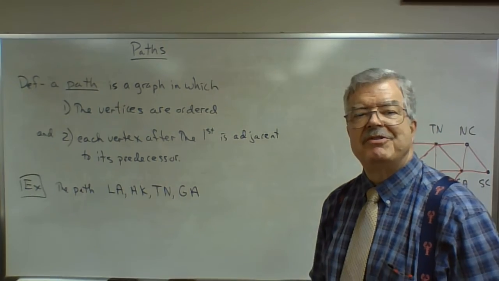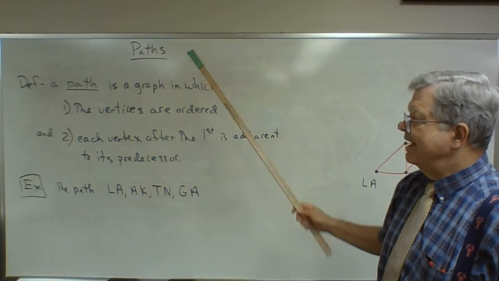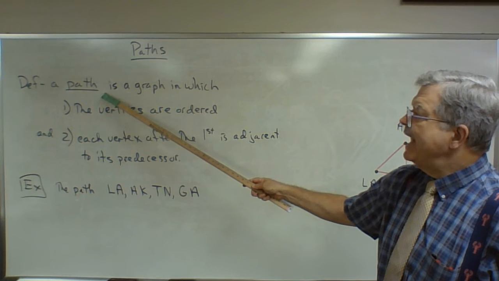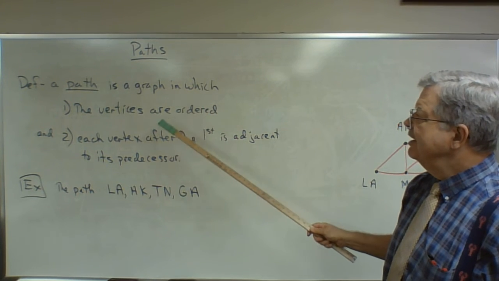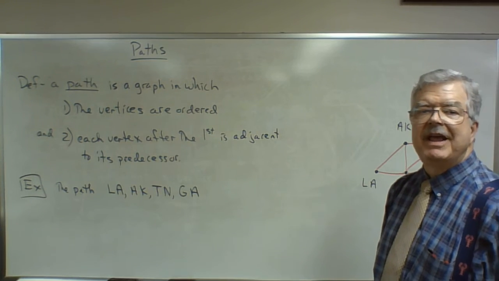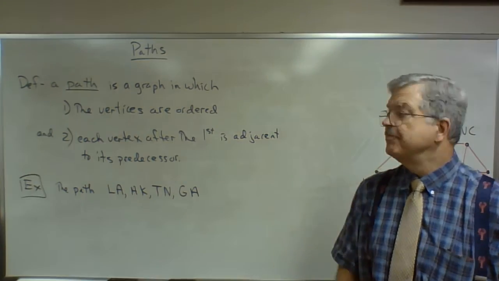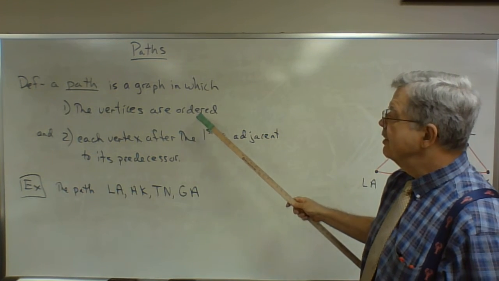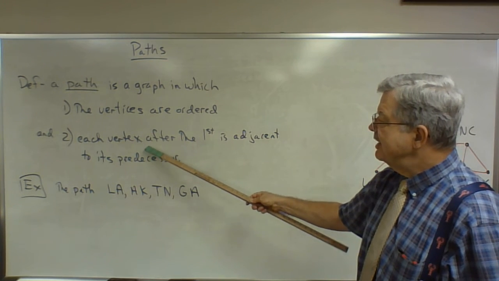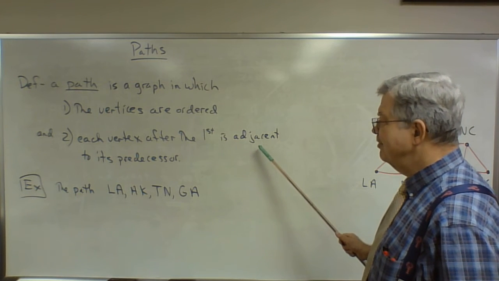Now that we know what adjacent vertices are, we can talk about paths. A path is a graph in which the vertices are ordered. So there's a first vertex, a second vertex. They come in a specific order. The vertices are ordered, and each vertex after the first is adjacent to its predecessor.